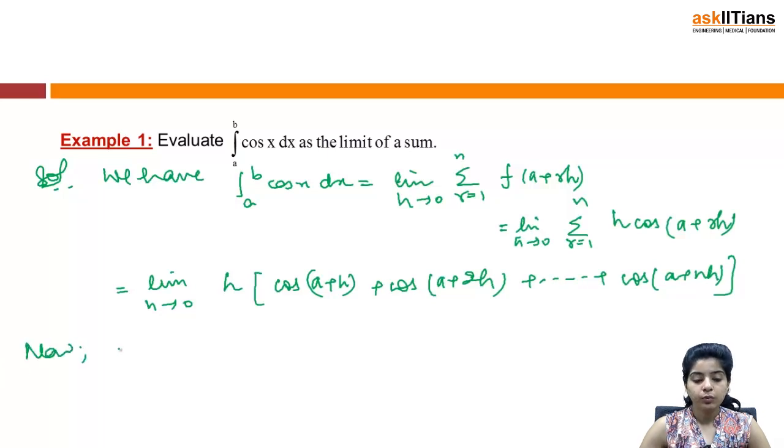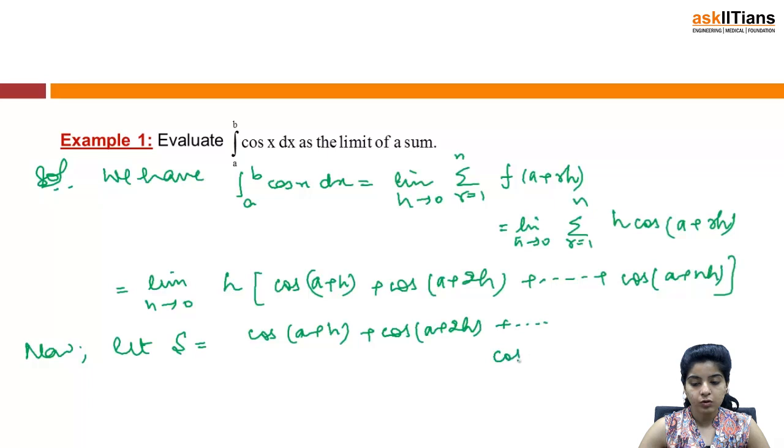Now what we can do is let s is equal to cos of a plus h plus cos of a plus 2h plus so on cos of a plus nh. This whole term I am assuming to be s, and we will try to find out the value of s, and then we will substitute this in this equation, right? So this is what we have obtained.